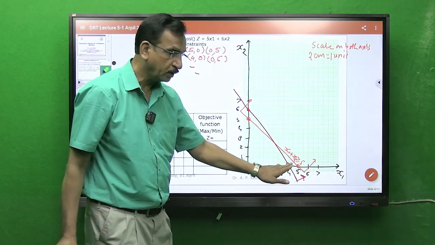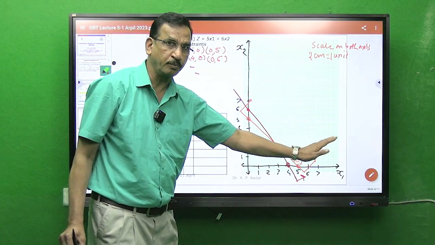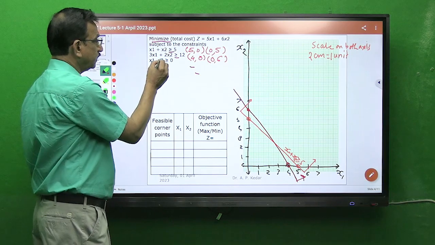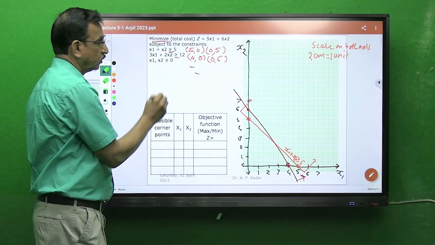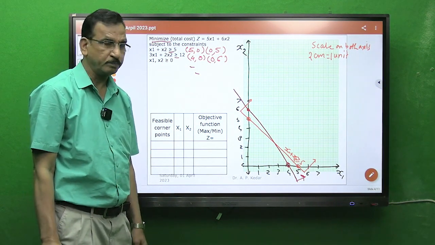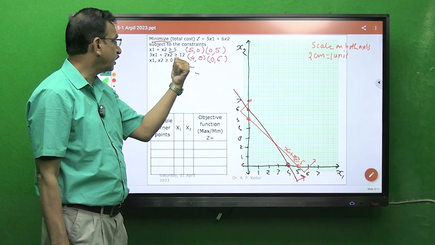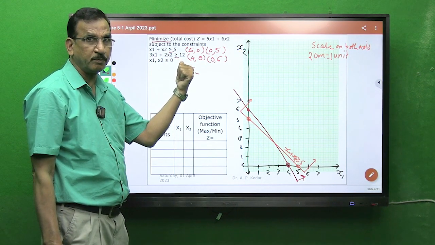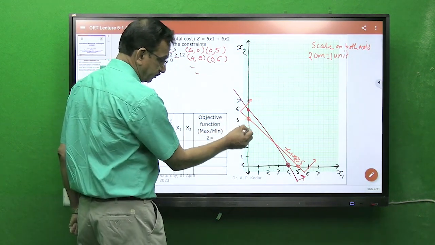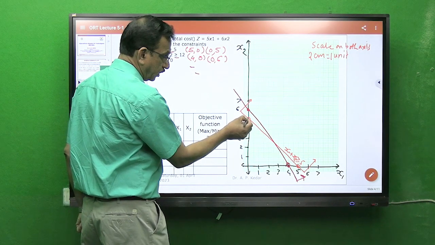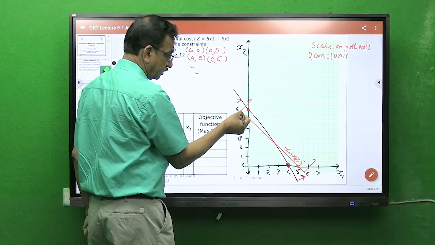So I am drawing arrow indicating upward direction. Same is the case, 2x2 greater than equal to 12, means x2 can have value minimum 6. Other values may be greater than 6.